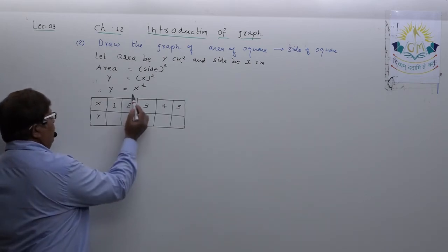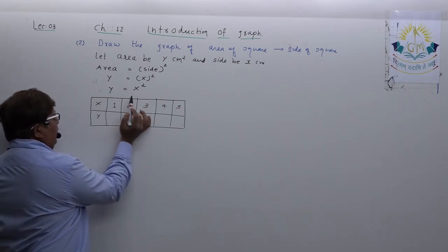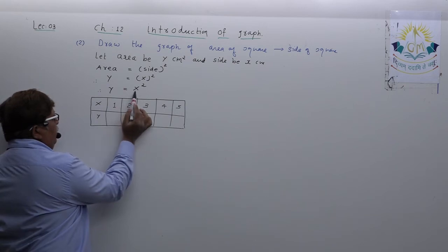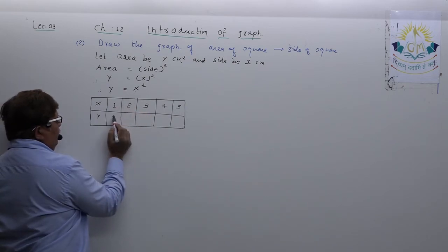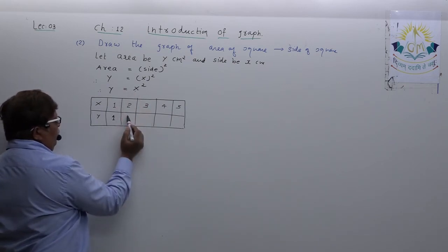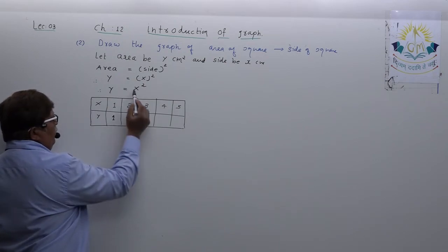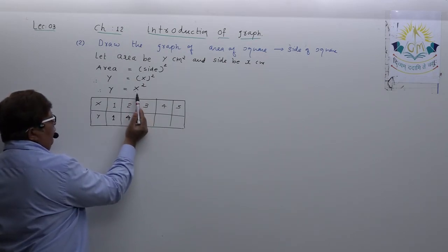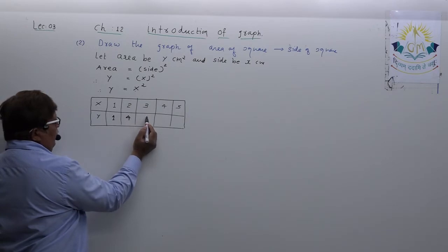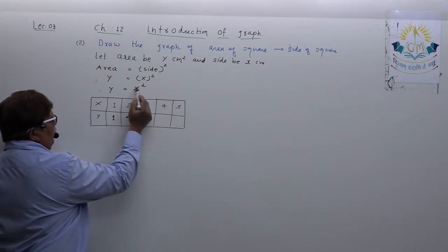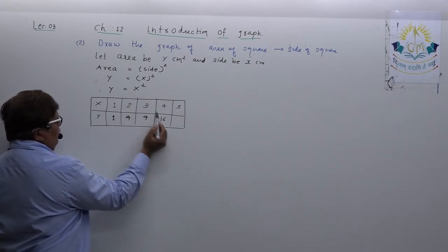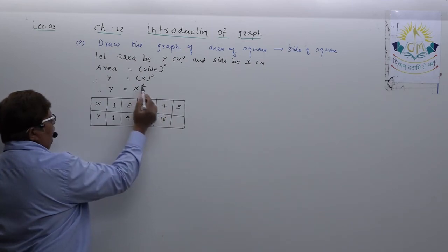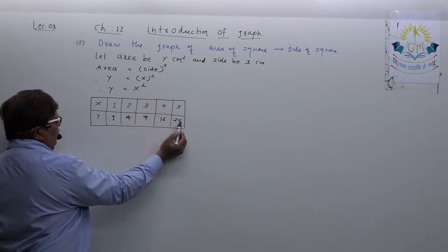See, take 1, 1 square, directly you put the value, 1 square is 1. 2 square is 4. If you place 3 here, 3 square is 9, 4 square is 16. Put 5, 5 square is 25.